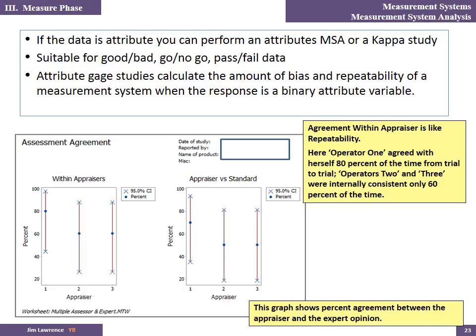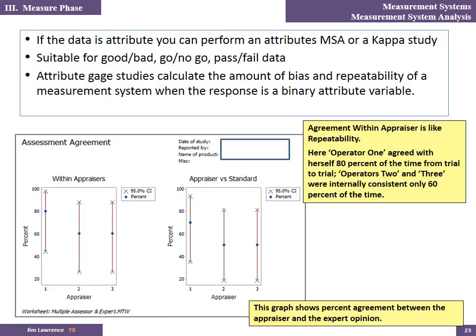And we have agreement within appraiser, which is analogous to repeatability. Here we see operator 1 agrees with herself 80% of the time from trial to trial, and operators 2 and 3 were internally consistent only about 60% of the time. So that's a measure of repeatability.